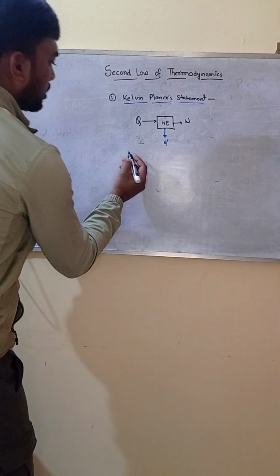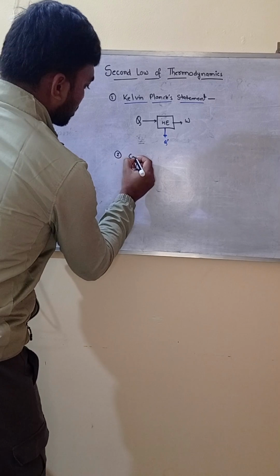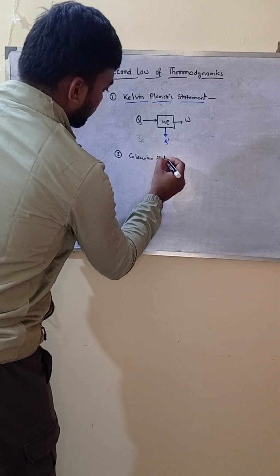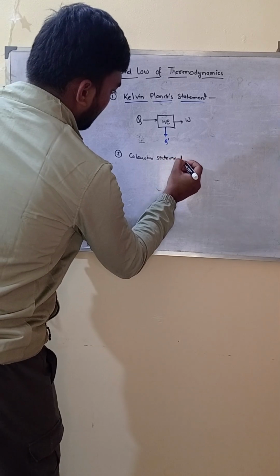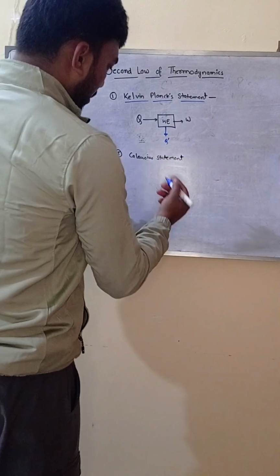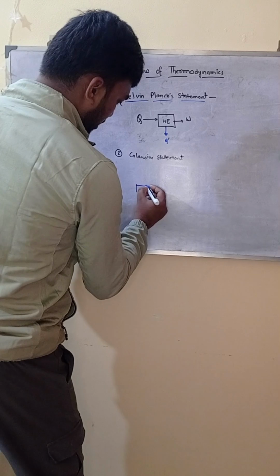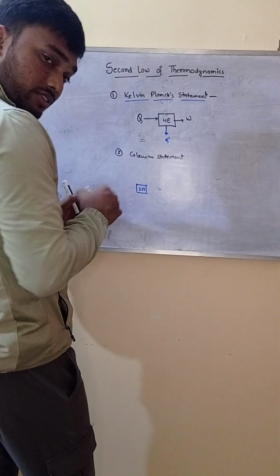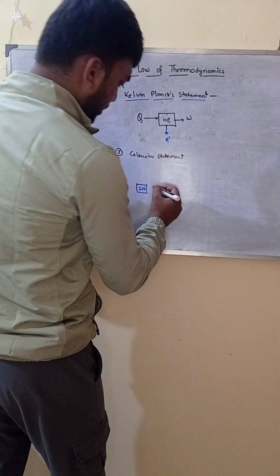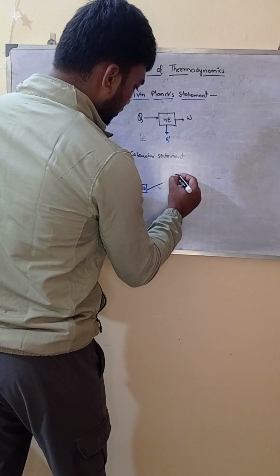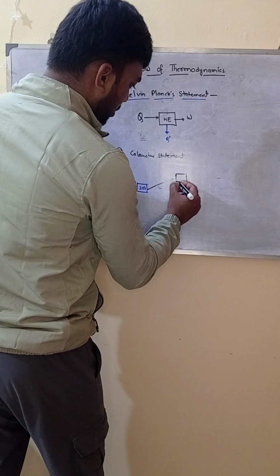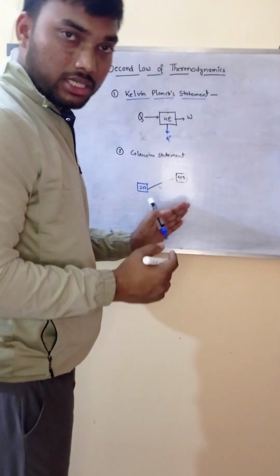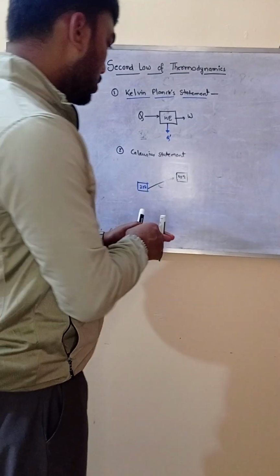Let's move on to another statement, that is the Clausius statement. It says that energy from a body at lower temperature cannot be transferred to a body at higher temperature.